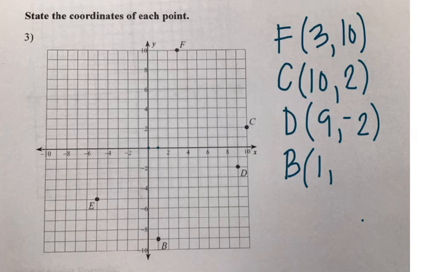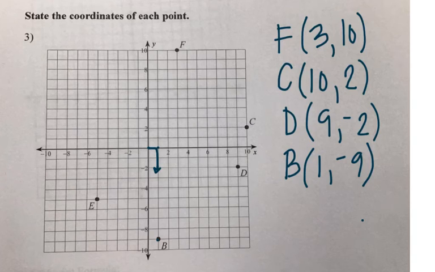So remember, when we go down for our Y coordinate, we're going to have a negative Y value. So point B is 1 because we go over 1 unit, and then we go down 9 units to get there. So remember, our ordered pair is like our map to show where we go on the coordinate plane to find our point.